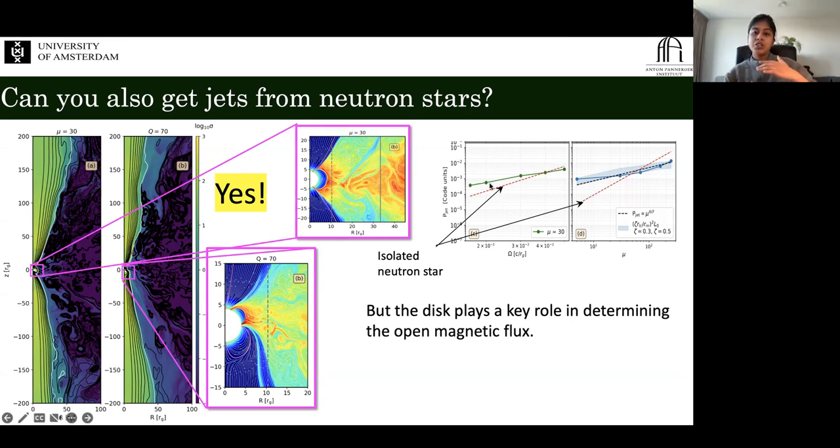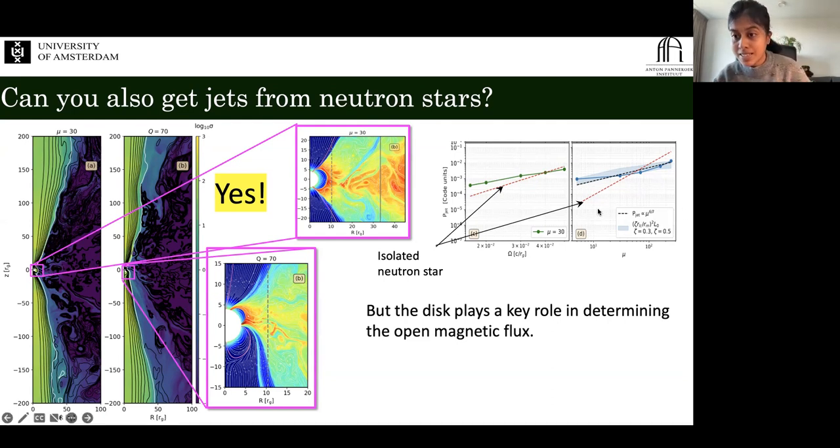Initially, you do see an enhanced jet power compared to the isolated power that you'd see in a neutron star. But as you go higher in the angular frequency of the star, you suddenly get less power compared to an isolated state.